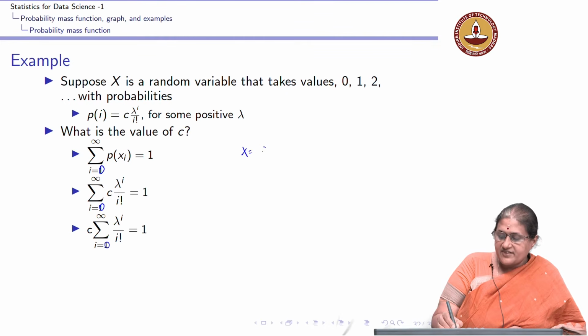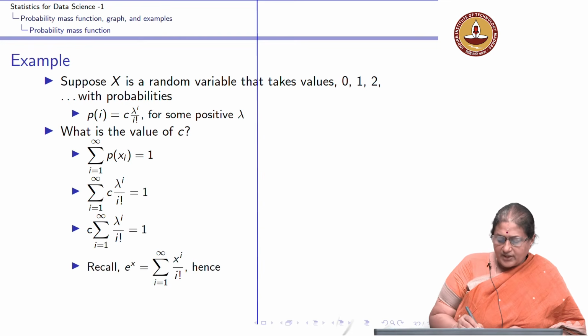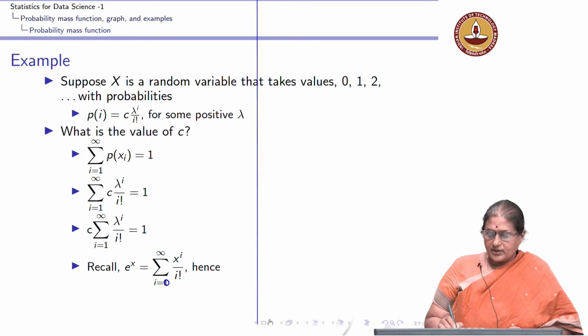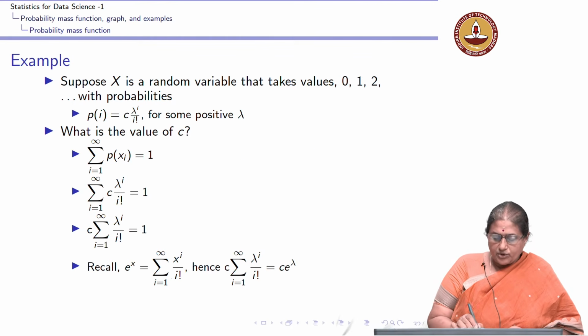Because X takes the values 0, 1, 2, I need to look at i going from 0 to infinity of C lambda to the power of i by i factorial. Now, we all know the following, that e to the power of x is the summation, i going from 0 to infinity, of x to the power of i by i factorial.